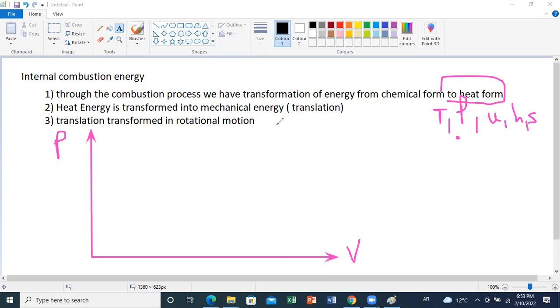Some we call adiabatic. When we say adiabatic process, there is no heat transfer during this process. Others are called isentropic, where you have constant entropy. When we talk about adiabatic and isentropic, this means that they are also reversible. When you have constant entropy, this means you have reversibility of your processes.